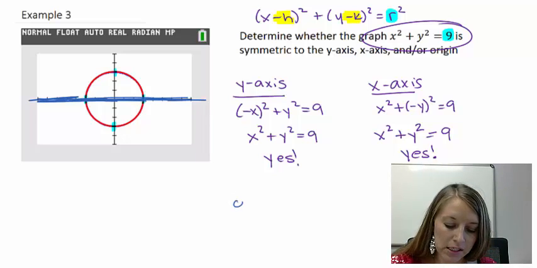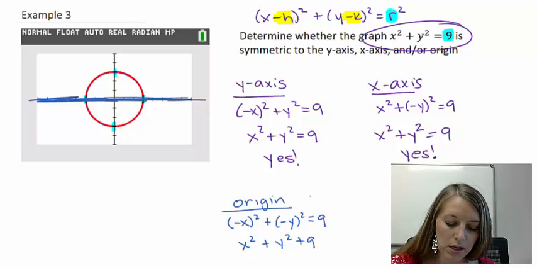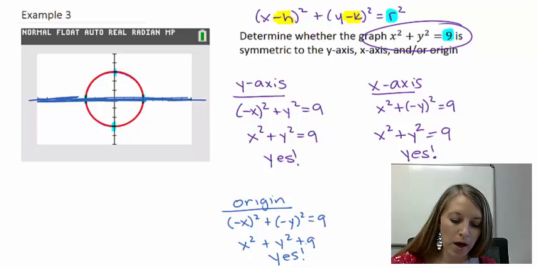Okay, now let's test for the origin. We know we need to substitute in a negative x for our x and a negative y for our y. In both cases, the squares take care of the negative, leaving me with the exact same equation. So that says yes, it's symmetric to the origin as well.